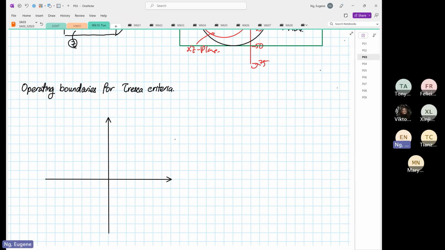So this is our stress A axis. Over here, this is our stress B. So stress A and B, I should not put a circle. Okay, I do apologize. So stress A and stress B are the principal stresses.